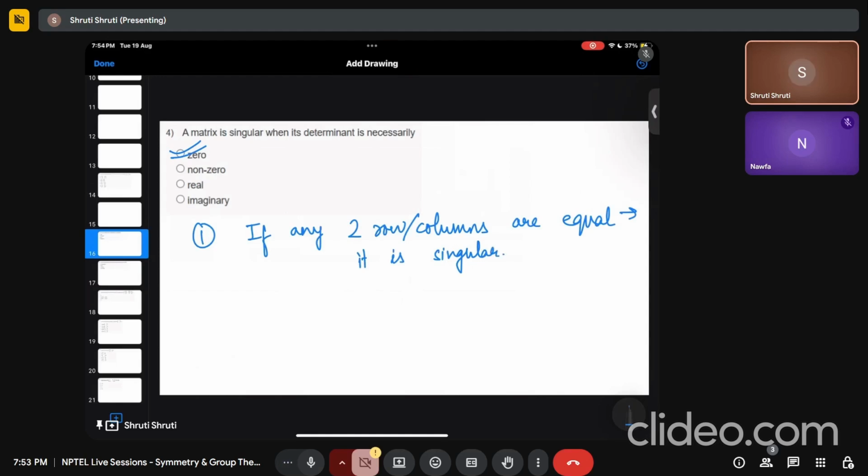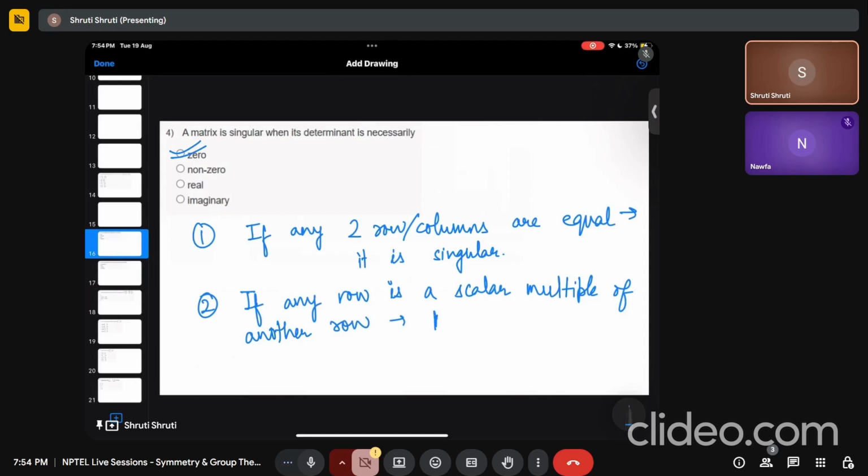Okay. Next one is if any row is a scalar multiple of another row, then the determinant will be 0.